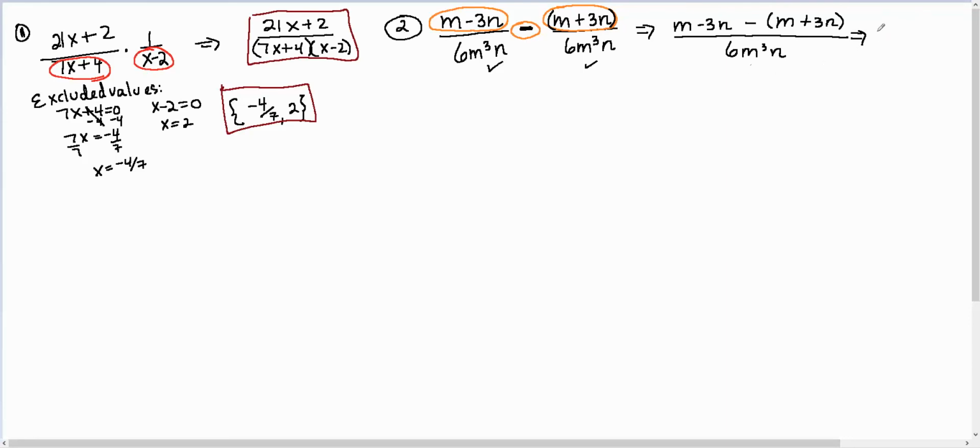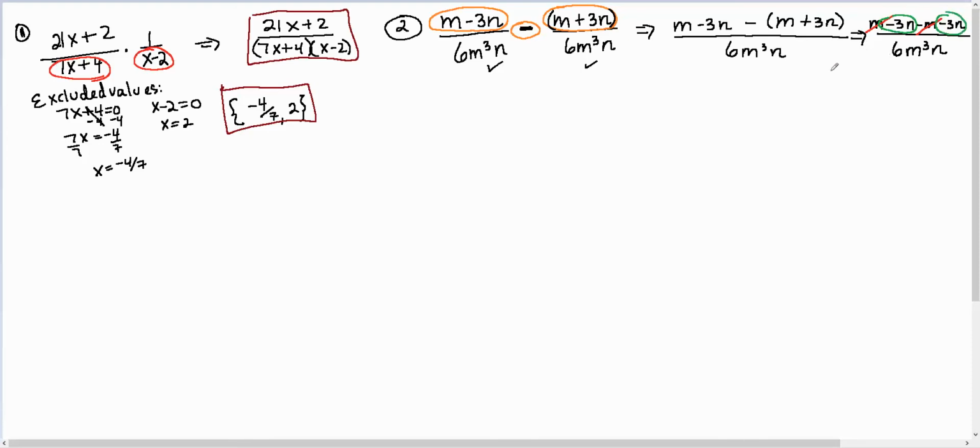Right, so the numerator becomes m minus 3n minus m minus 3n. And looking at the numerator, it seems that this one and this one cancel, but this one and this one combine.